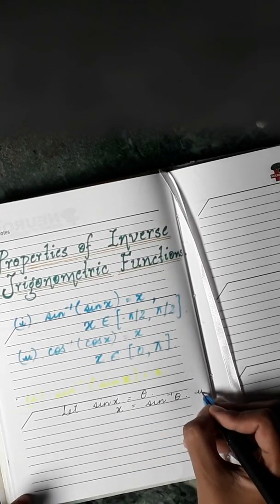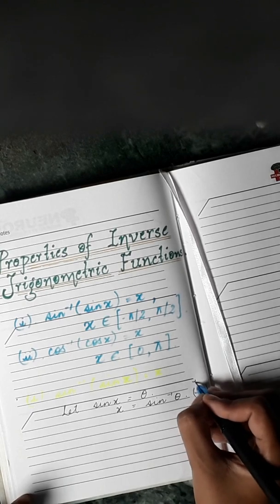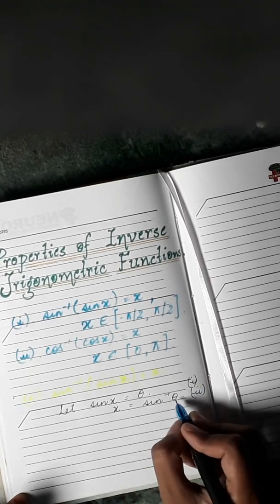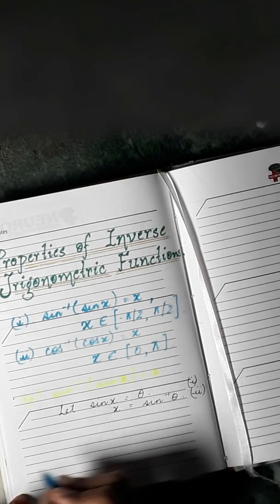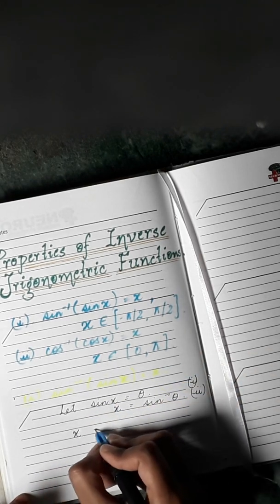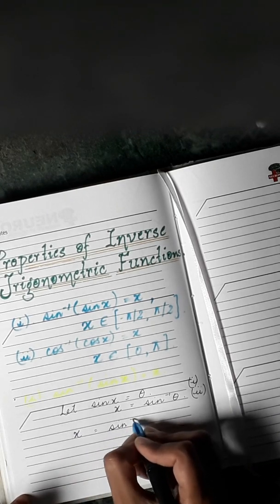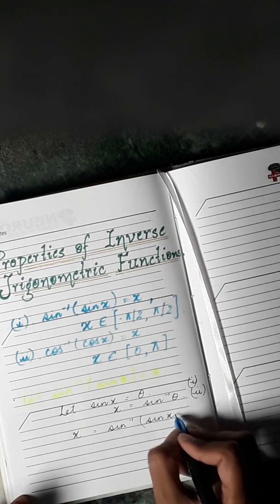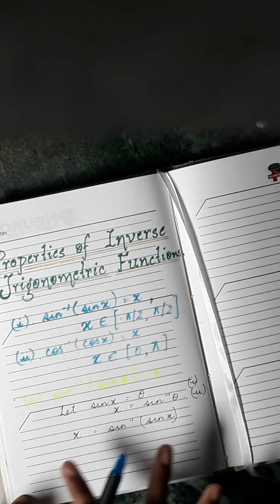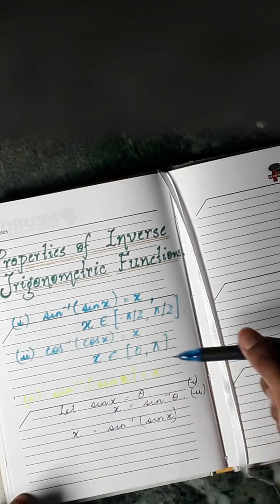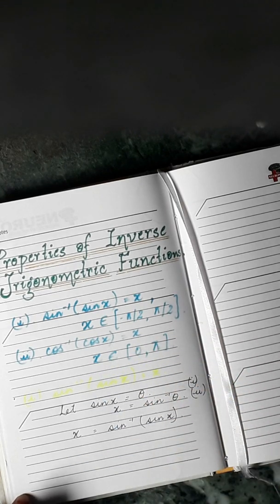Okay, this is the second step and this is the first step. So in place of theta, can you write sine x? So you are getting x is equal to sine inverse theta. In place of theta, you have to write sine x. So see, this is the property which we have just read. Sine inverse sine x is equal to x, and that's the proof.